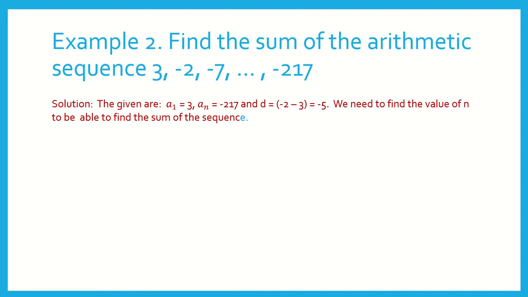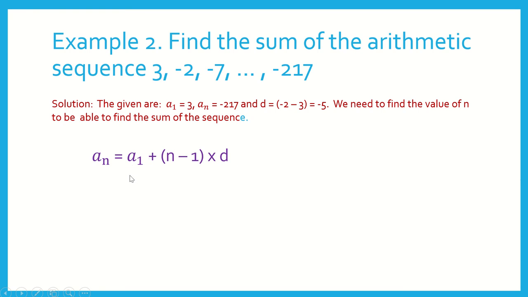So the formula we're going to use to get the value of n is a sub n is equal to a sub 1 plus n minus 1 times the d. Again, to recall the lesson about this formula, please check the lesson about arithmetic sequence. I will link it below.